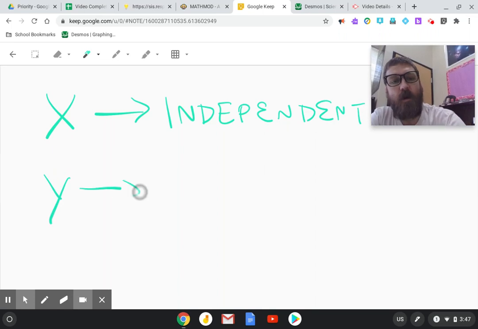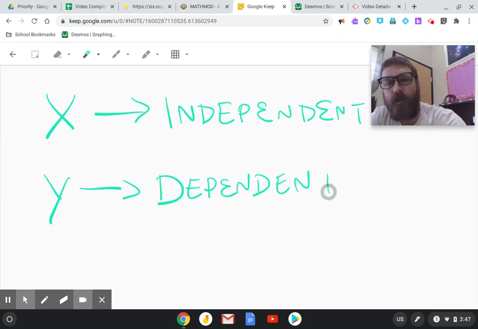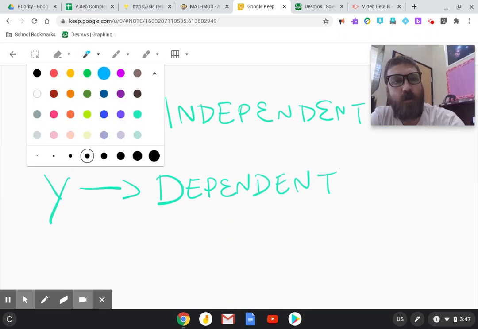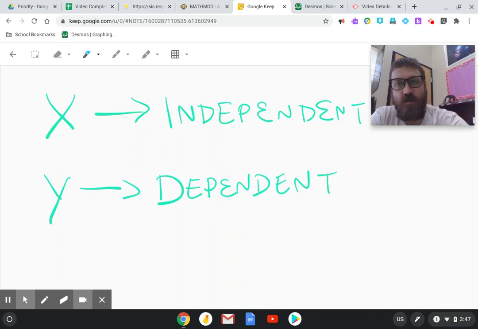And y is always, always, always the dependent quantity. So those are always reliable. You can always know that these two things are going to be true.